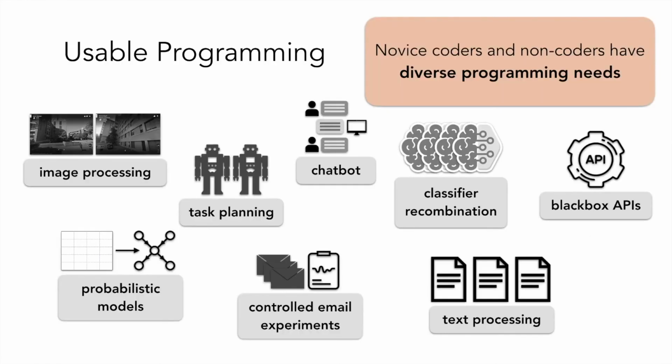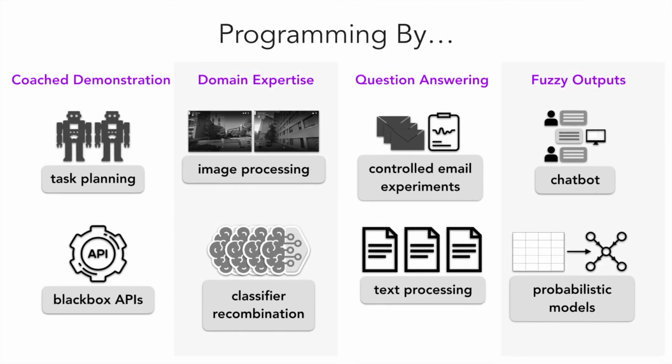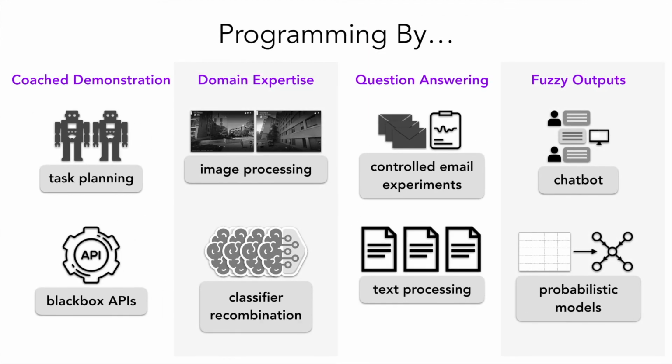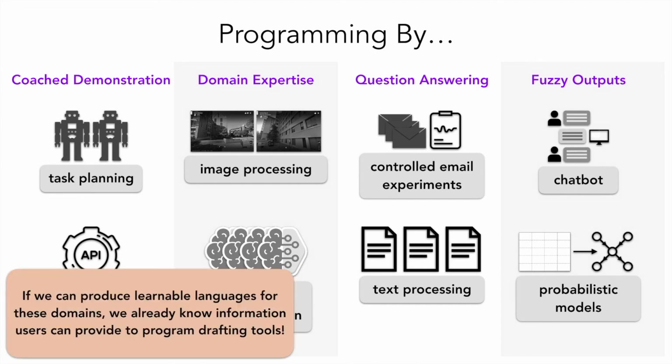Okay, this brings us to the future of usable programming. We've been working with social scientists from a variety of different domains, and it's become clear increasingly more every day that novice coders and non-coders have so many diverse programming needs. They want to tackle all of these different domains, and they have all these different things that they can tell us in order to actually draft these programs in the first place, which is really, really exciting based on the fact that we have all of this information, all of these different ways that they can express their intent, which they could use in the context of a usable program drafting tool.